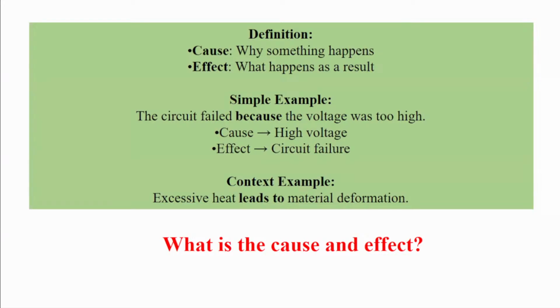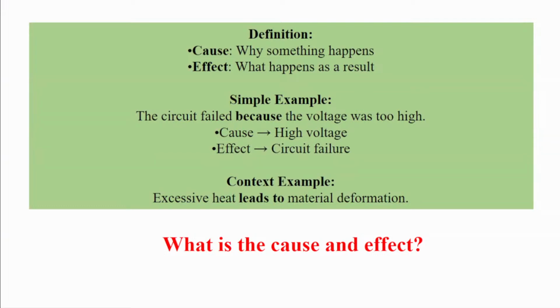Right? So then you can see a simple example, right? The circuit failed because the voltage was too high. So what is the cause? High voltage, right? The effect is circuit failure, right? The circuit failed because the voltage was too high, right? So what was the cause?